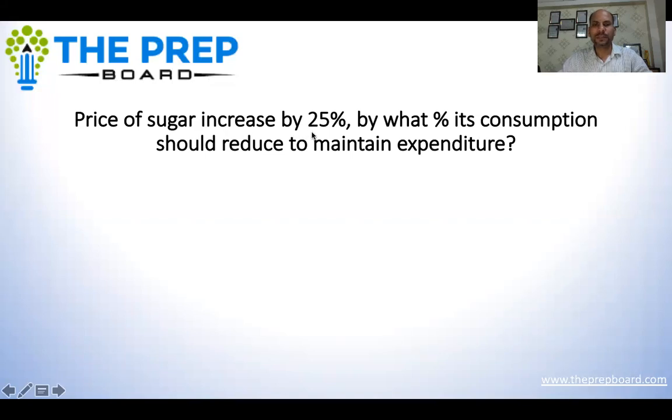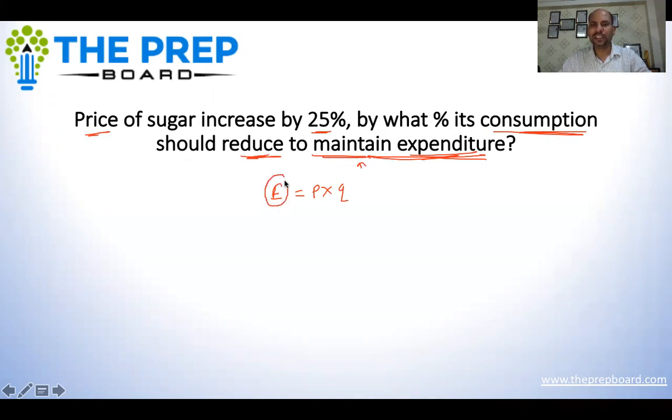Price of sugar increased by 25%. By what percentage should consumption reduce to maintain the expenditure? Important thing, maintain the expenditure. You can see here we have the three variables: expenditure, consumption or the quantity, and the price. And we know the relation is expenditure equals price into quantity. And it's mentioned here that expenditure is maintained.